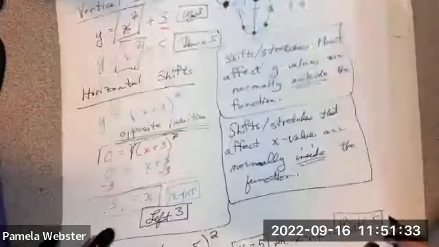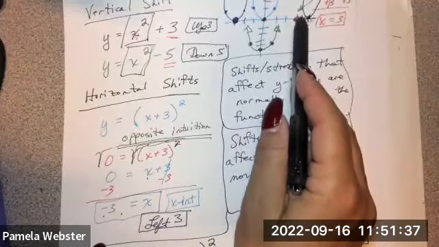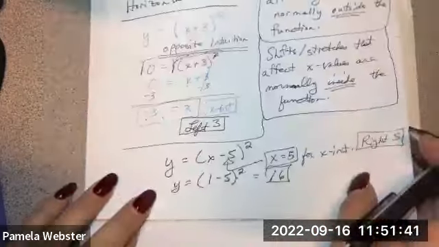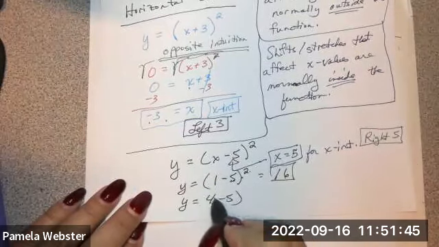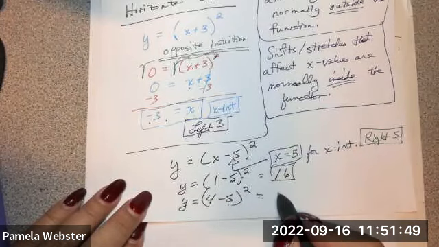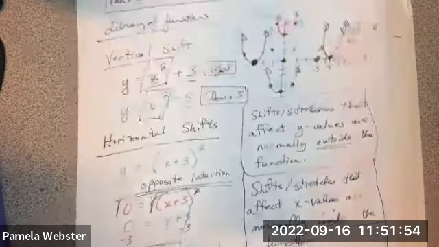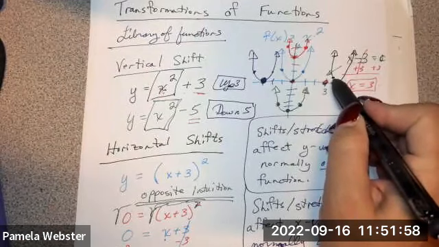What about if we put in 4, because 4 should give me a y value of +1, because I shifted it all over. Y equals 4 minus 5 with the parentheses squared. That's a -1 squared. -1 times -1 is a +1. So even though I shifted this over, I still have the point 4, 1 right here.